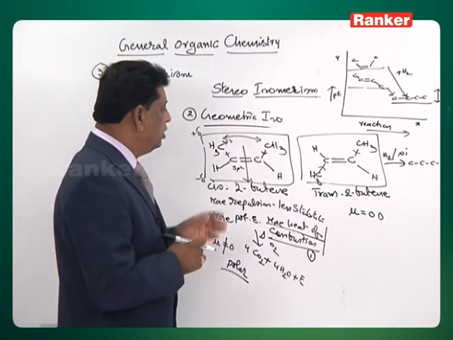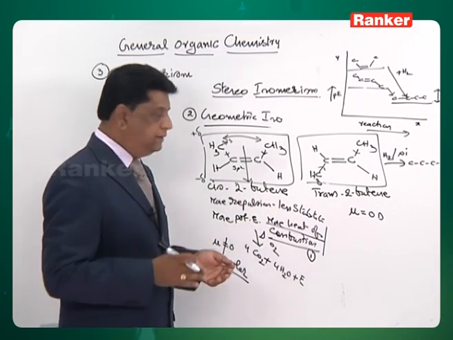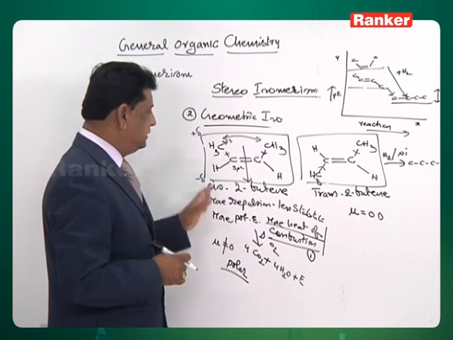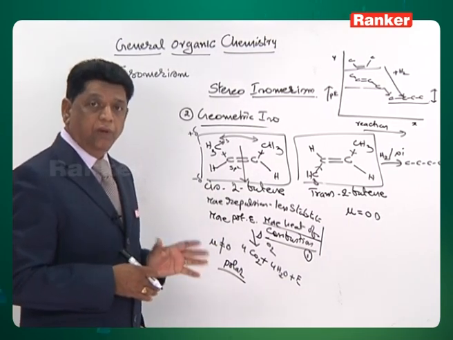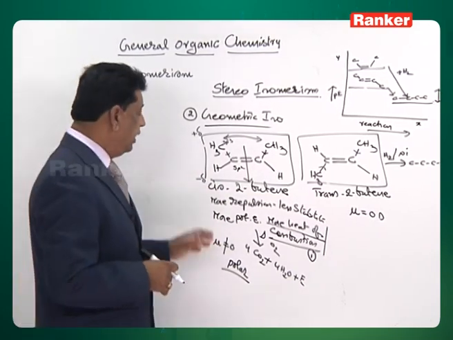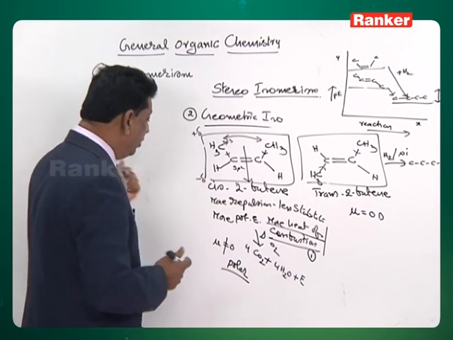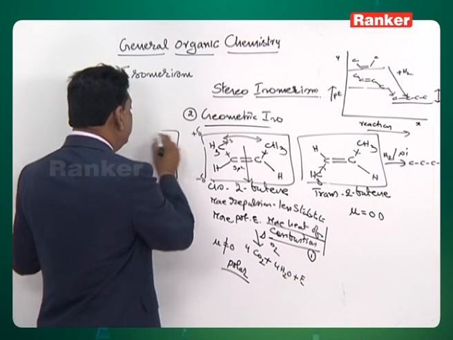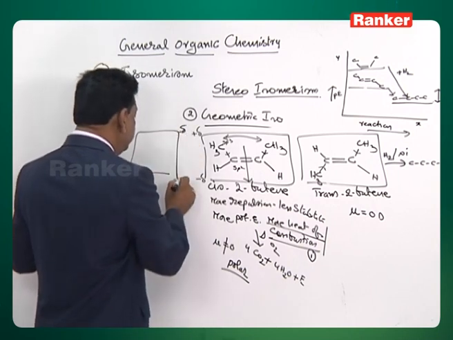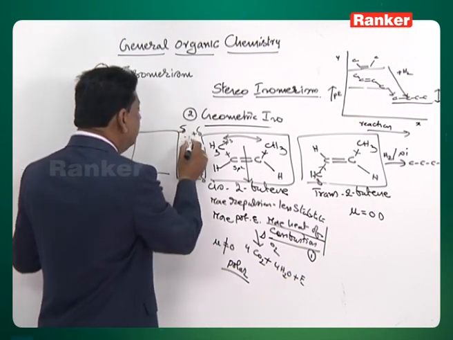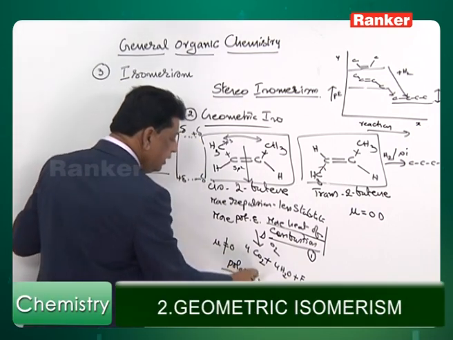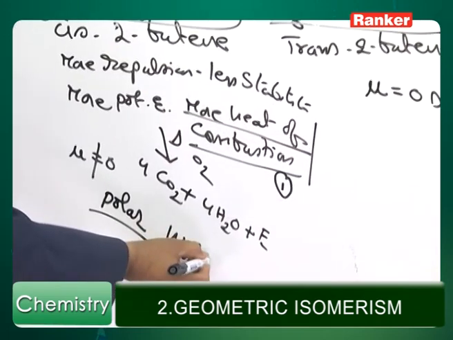Counting the properties is not necessary, but do you have a difference in polarity? Yes. Cis compounds are more polar. More polar means higher boiling points. When you have another molecule with plus and minus charges, there is more intermolecular attraction. Therefore, cis compounds, whenever they are polar, have higher boiling points.